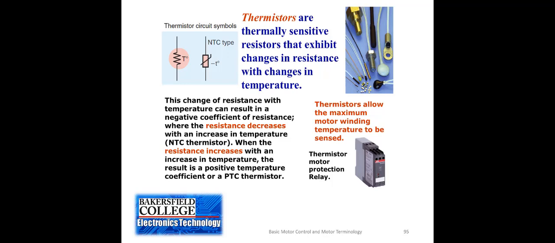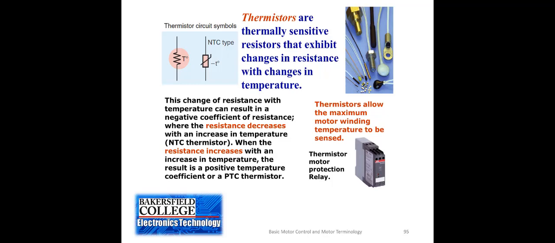So, in other words, what happens is that as the thermistor heats up, its resistance drops. So these are good for types of sensors where we just want to sense a particular level. It doesn't have to be super accurate.